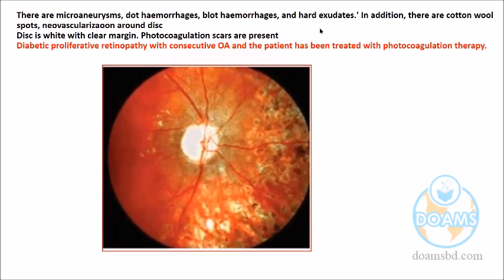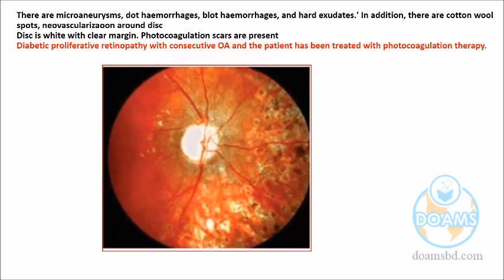One question from the last days: is photocoagulation given to the new vessels or elsewhere? Who can say? New vessels. Any difference of opinion? No, not to the new vessels.